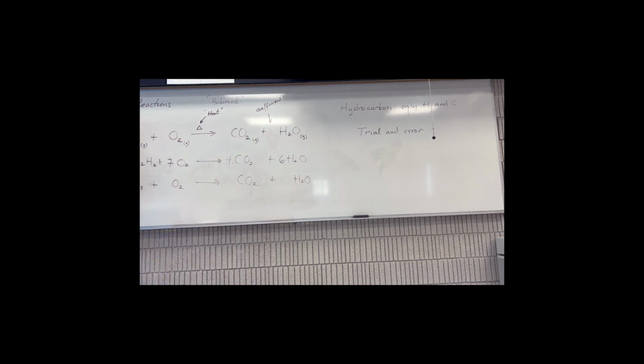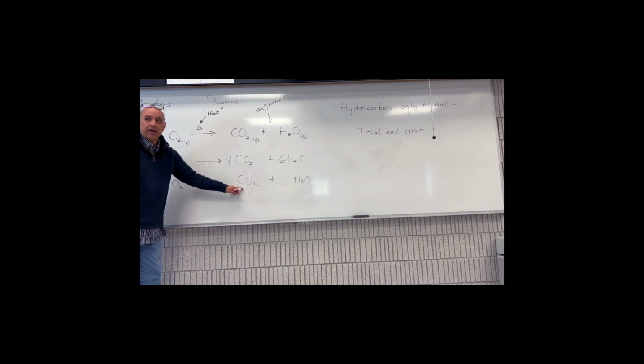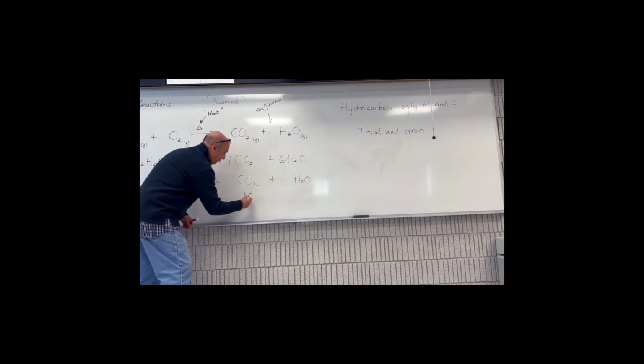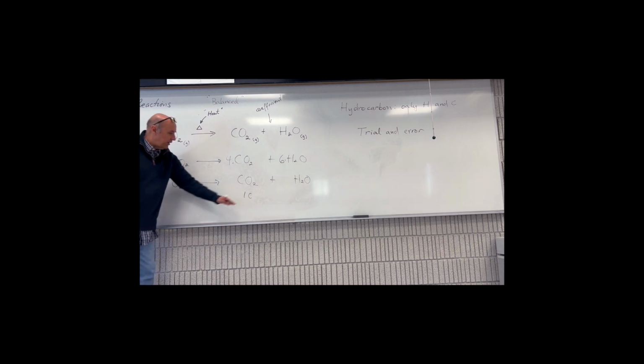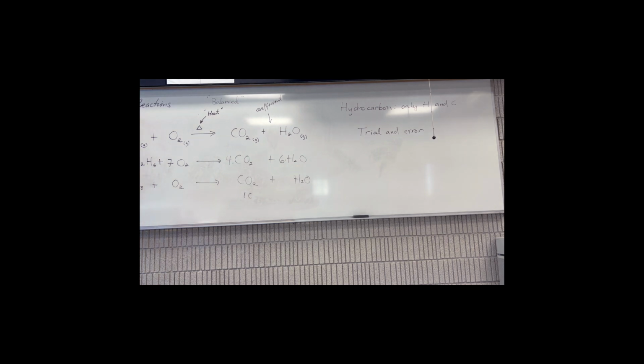Now, let's do the accounting. We have 1 times 3, 3 carbons. And on this side, only one carbon, right? How do we fix that? Trial and error. What can we try to make this side have 3? So we want 3 carbons on the right.